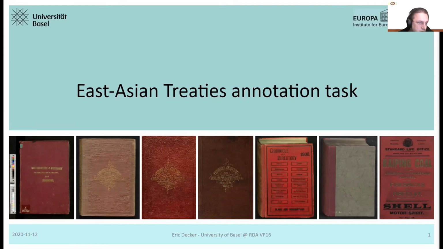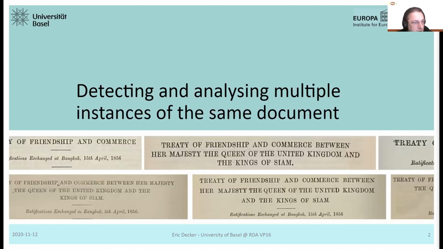So our starting point for this endeavor is a corpus of about 70 annual publications with 250 to 2,500 pages each. So that leads us to a collection of more than 100,000 page impressions that we have to go through. And within that collection, we are especially interested in the treatise codes section of these books.